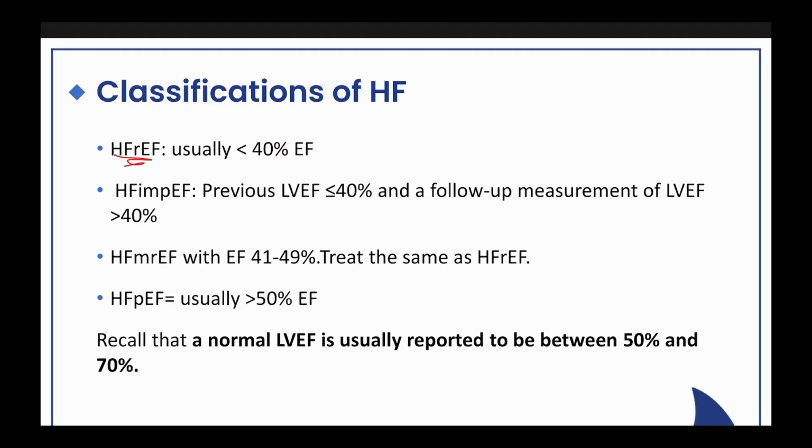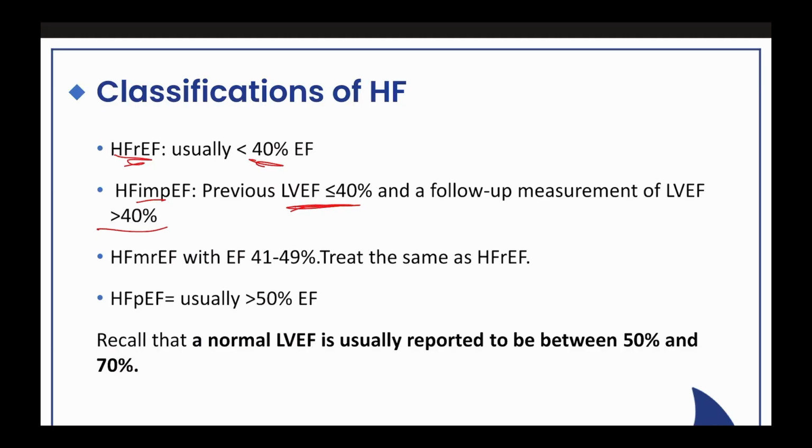Classifications: HFrEF means EF is less than 40%. Improved EF means that they were at one point below 40%, but you gave them medication, you treated them appropriately, and you checked their measurement again, and now it went up to over 40.